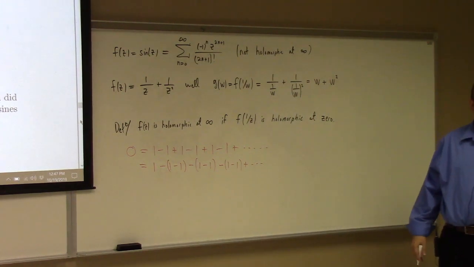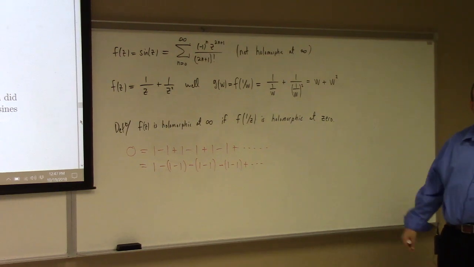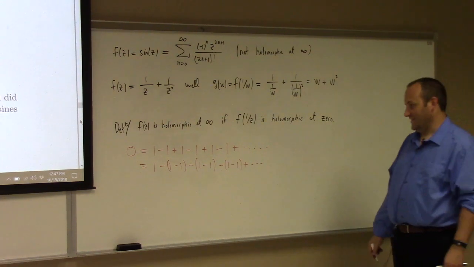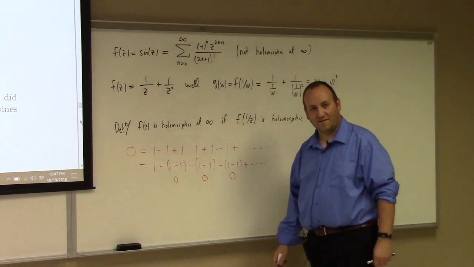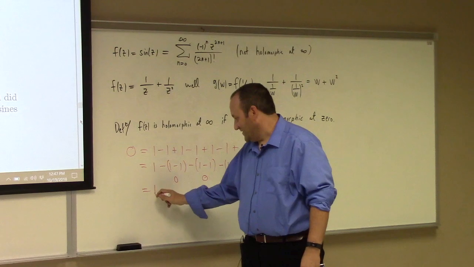I'm just rearranging the sum. I'm just saying add those pairs first. And so this is 0, and that's 0, and that's 0, and that's 0 forever and ever. And so that's 1.